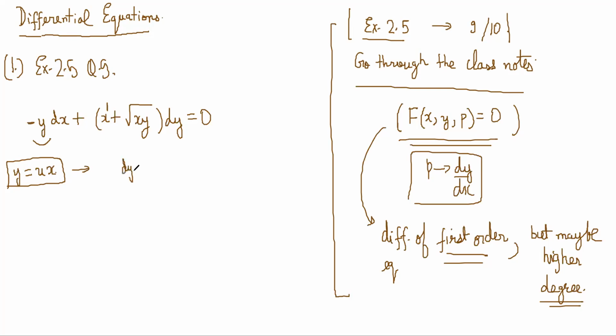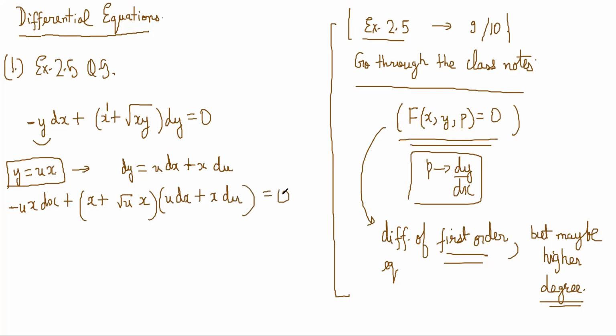So dy is equal to u dx plus x du, right? So this becomes minus ux dx plus (x plus root of x into ux), so root u into x, and dy is u dx plus x du, is equal to 0.